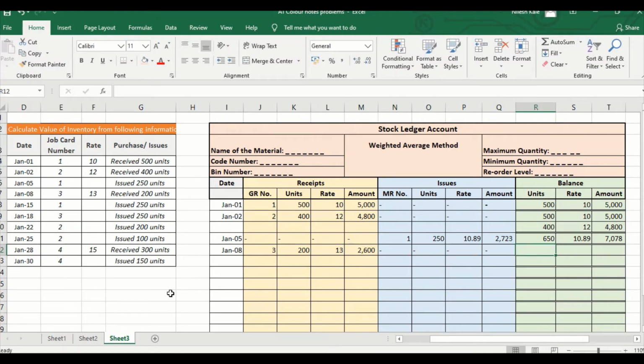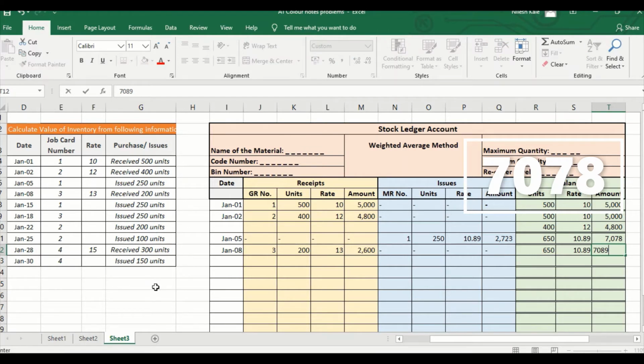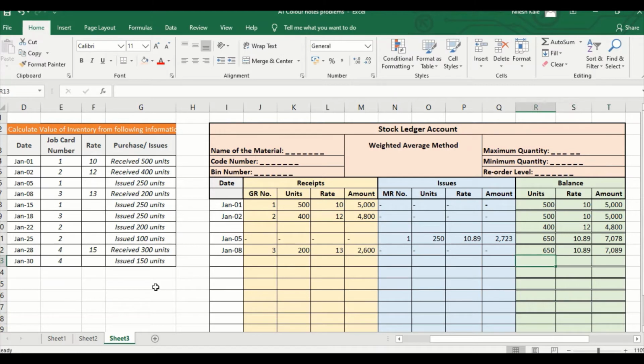I will write this 650 at 10.89 again here, and this is 7089. And again 200 units I have received at rupees 13. 2600 is the amount. Now I will go for the next.